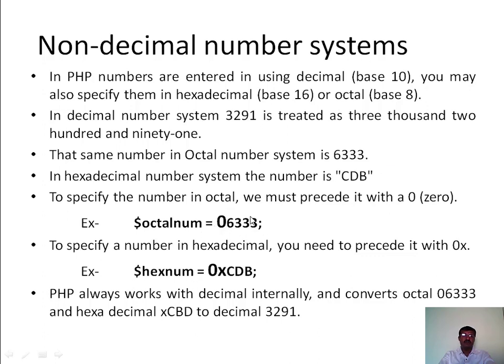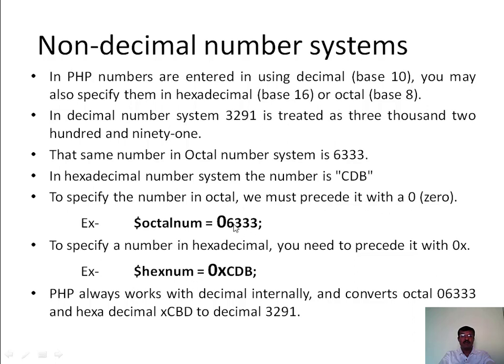If you forget to add this 0 in front of this number, then PHP internally treats this number as a decimal number. Then it will treat it like 6333. So to make this number an octal number in PHP, we need to precede it with a 0.